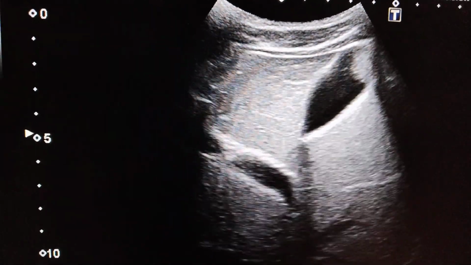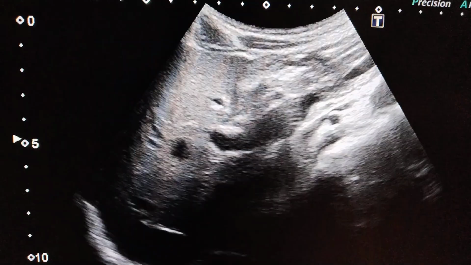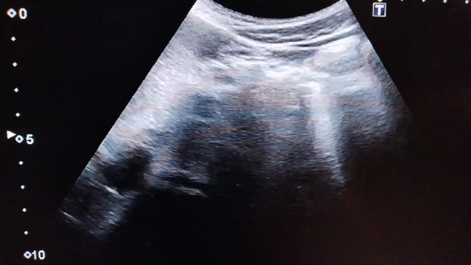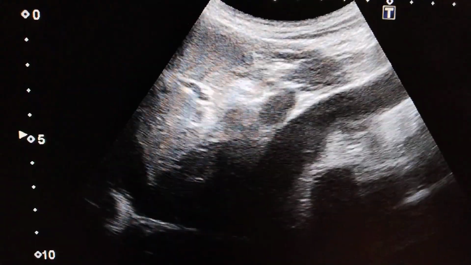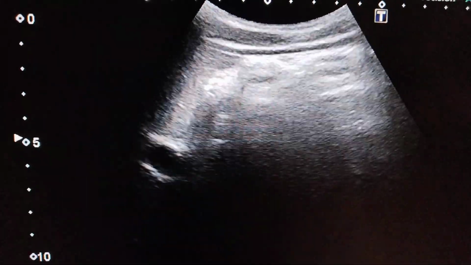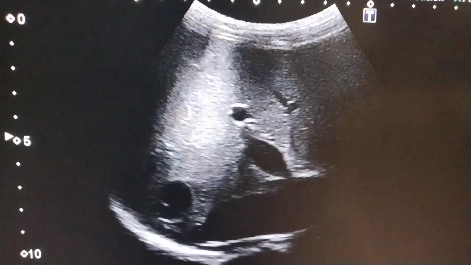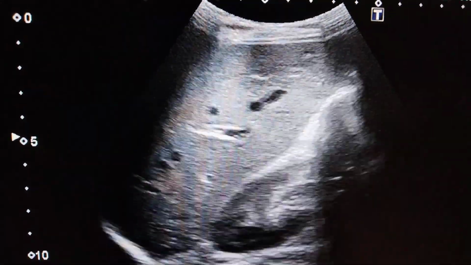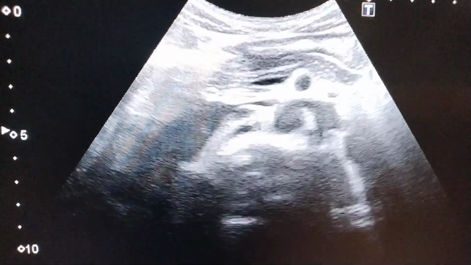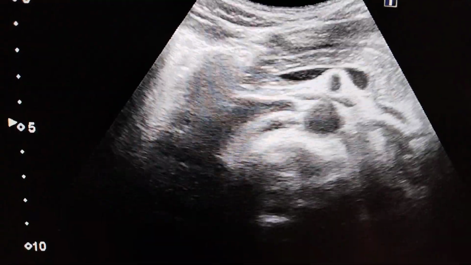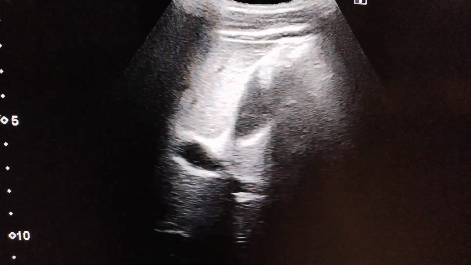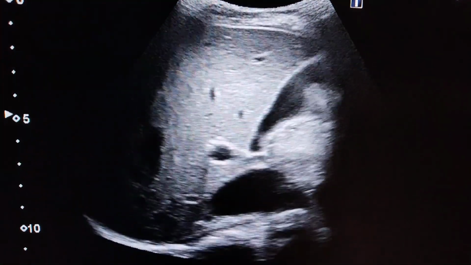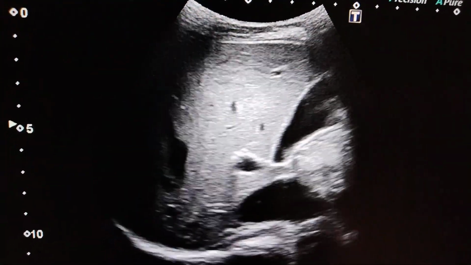Stone may be present, which will give the shadow, and also mass may be present, and there may be polyp, and also passive hepatic congestion will cause the thickening of the wall of the gallbladder, and many other conditions we will come across whenever I will get some pathology.